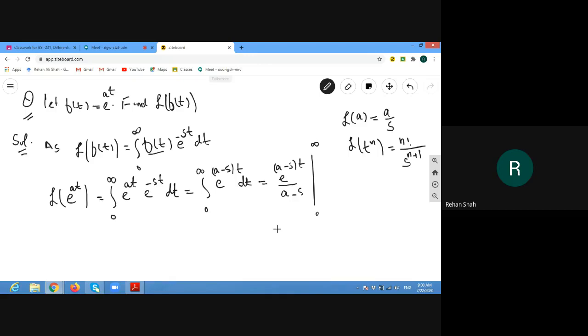But if a minus s is greater than 0, this integral does not exist. So let's separate these conditions and find a formula for this function e power at.